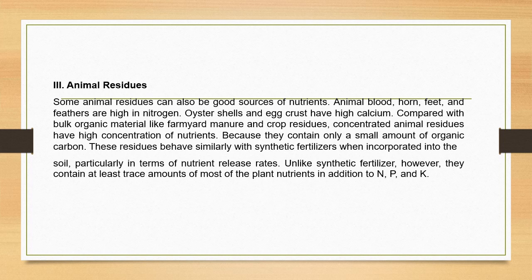Concentrated animal residues have high concentrations of nutrients because they contain only a small amount of organic carbon. These residues behave similarly with synthetic fertilizer when incorporated into the soil, particularly in terms of nutrient release rates. Unlike synthetic fertilizer, however, they contain at least trace amount of most of the plant nutrients in addition to N, P, and K.